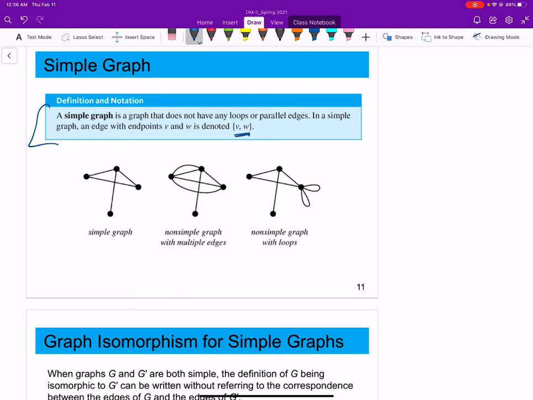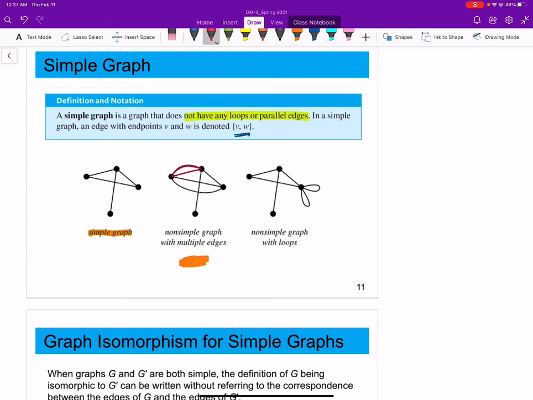Alright, if you consider this graph, no loops and no parallel edges. So that is a simple graph. It is clear to us. If you consider this graph, it has parallel edges or multiple edges. What are the multiple edges?